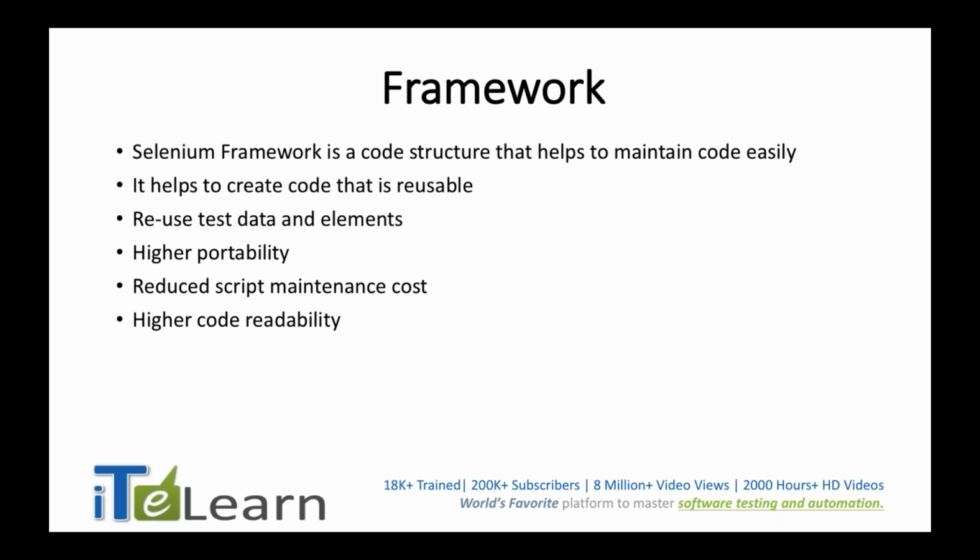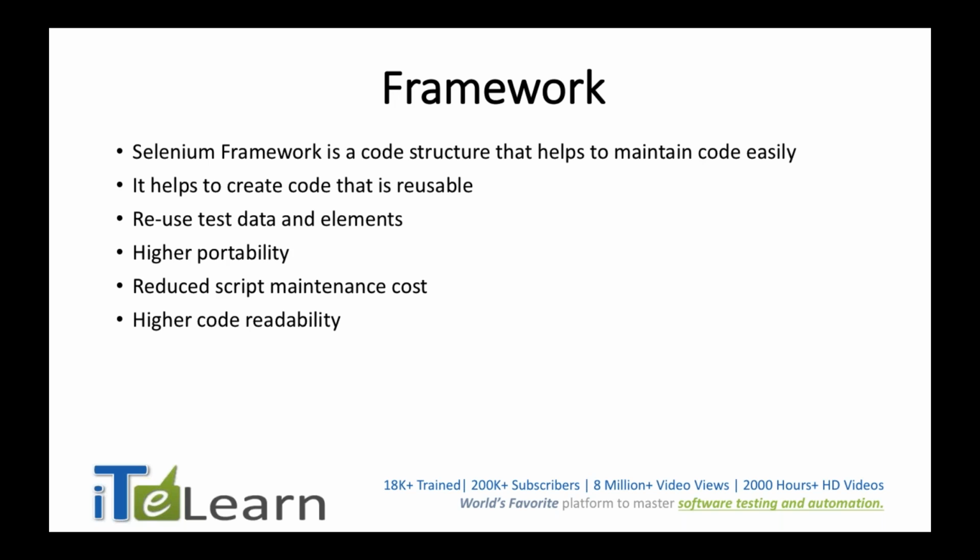The reason is, if you write your code directly and say, okay, I'm going to use this data, I'm going to use this data, I'm going to use this data, at the end of it a lot of code is repeated. Plus, there is so much effort. Let's say tomorrow you want to use different sets of data, so you have to again make changes in the code, which is not the most optimum way of writing automated scripts.